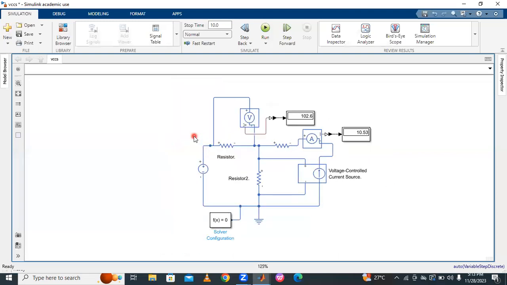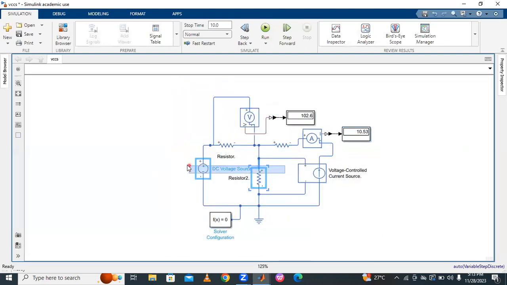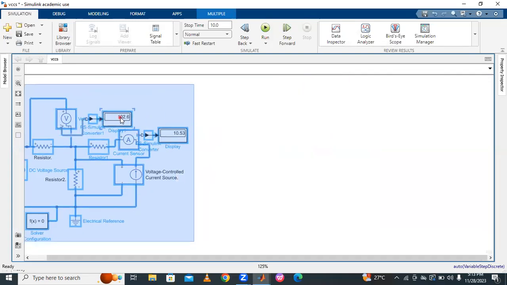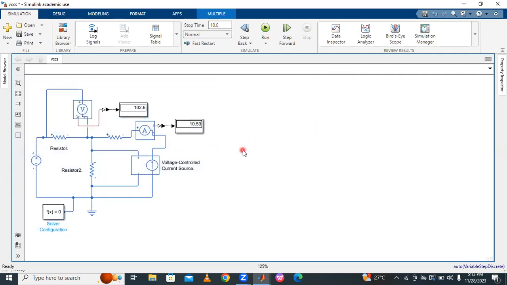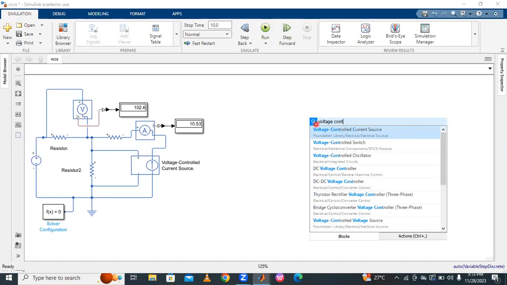For example, this is the voltage controlled current source. Take another circuit: the voltage controlled voltage source.